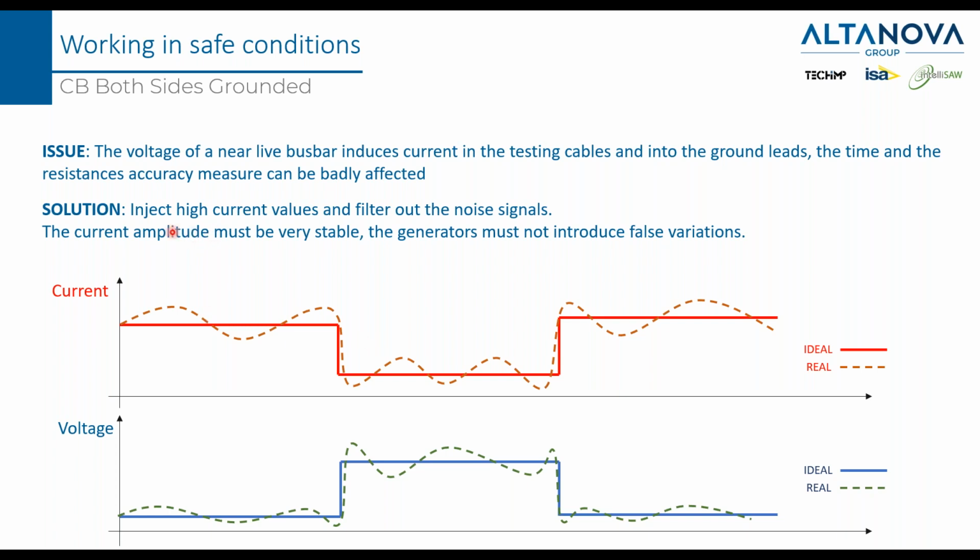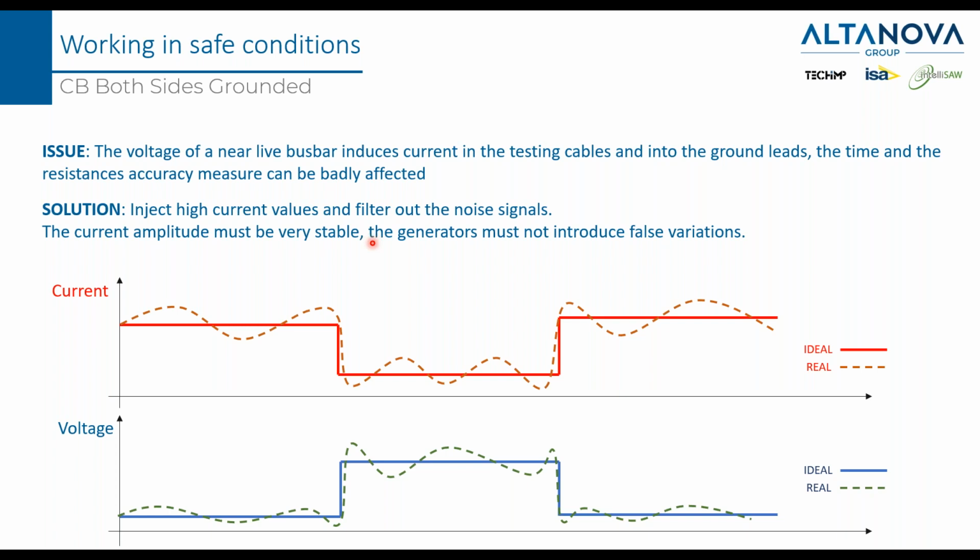And this is another reason why the current generator that you are using must have a very stable amplitude, must be extremely flat, because if the generator itself introduces variations, it becomes difficult to be accurate in terms of time measurement.